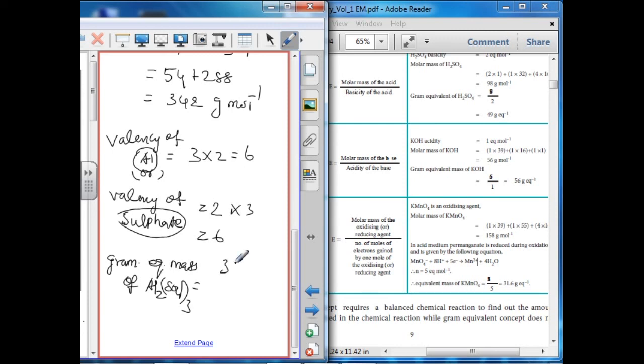So the molar mass 342 gram mole inverse divided by the valency 6 equivalent mole inverse. So the answer is 57 gram equivalent inverse.